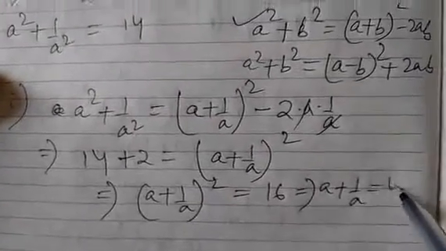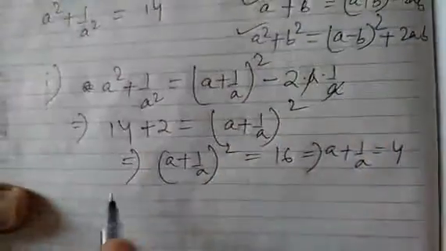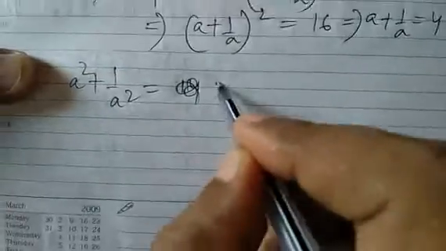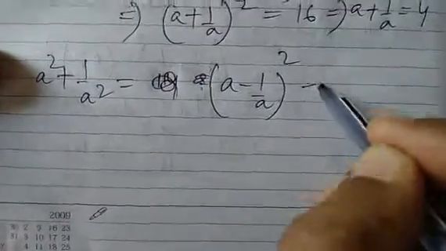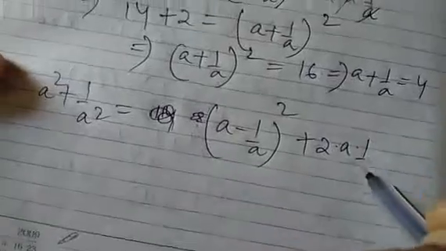Implies a plus 1 by a is equal to 4. Similarly, by applying the second formula, a square plus 1 by a square is equal to 14 given. So a minus 1 by a whole square plus 2 into a into 1 by a.